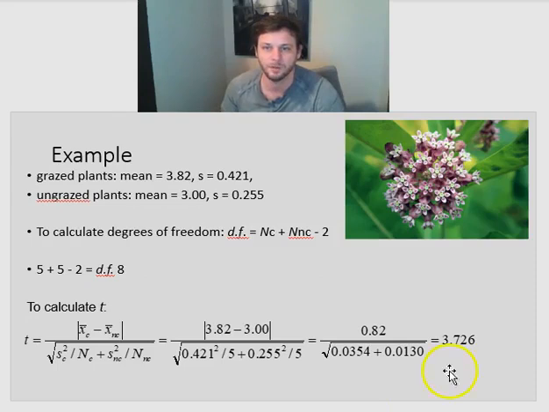All right, so we have our calculated value for our t. We know our degrees of freedom, so N1 plus N2 minus 2, because we have 2 sample groups, right? Gives you your degrees of freedom of 8. We're going to use p = 0.05.